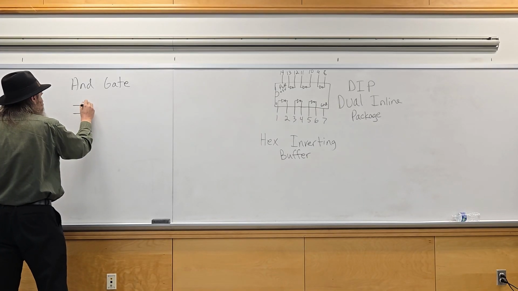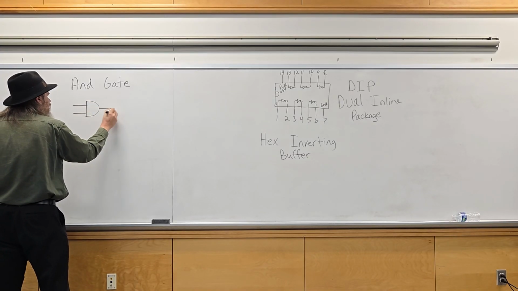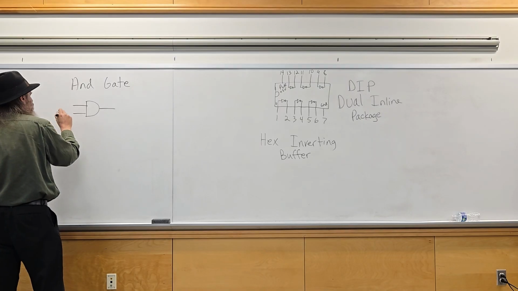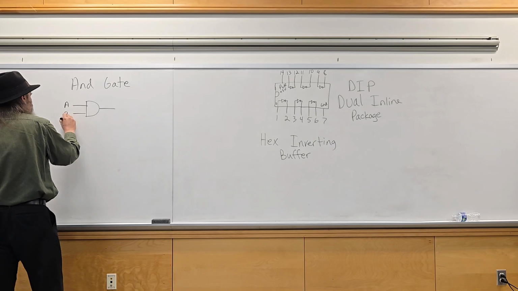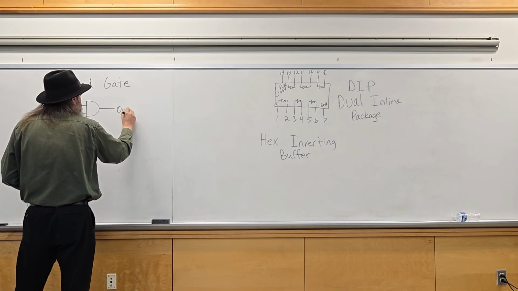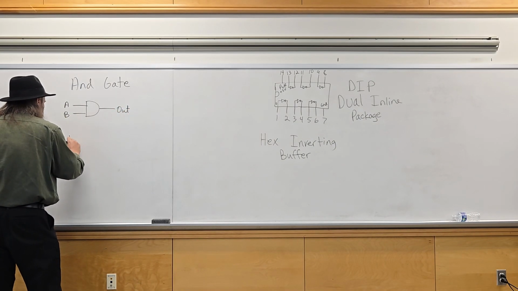The symbol for that is half of an oval, where you have 2 inputs and 1 output. And the state table.